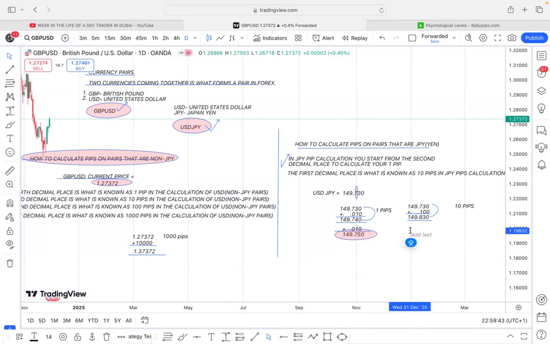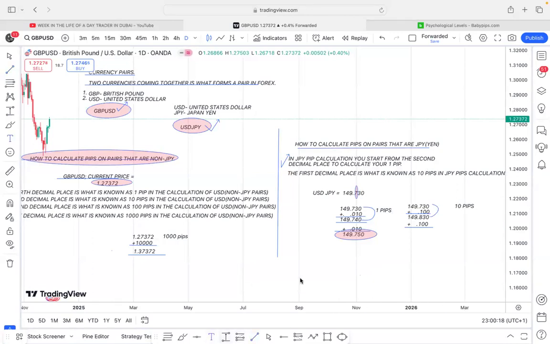We all know if we add 10 pips to that, we are going to have, let me move this closer. I'm taking my time to explain this for you guys, because I want you to really understand how to plot the psychological levels on your chart, because psychological levels are very important levels. They are significant zones where the big banks place their entry levels. So now, see, this is going to be our new price.